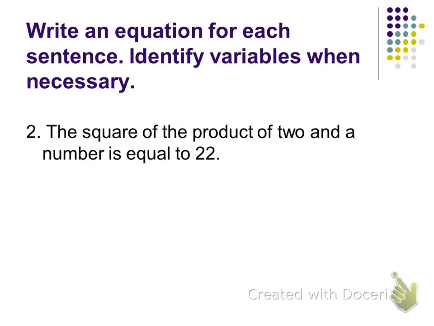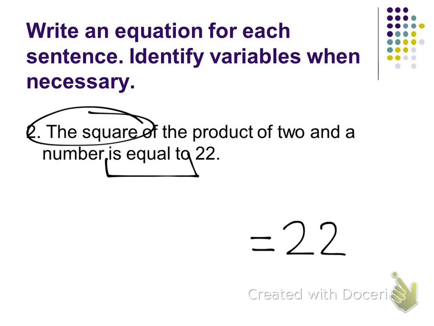Number 2, the square of the product of 2 and a number, here's my breaking point, is equal to 22. I don't know, I just like to do the easy side first. Boom. Halfway done. The square. So I'm going to square something.